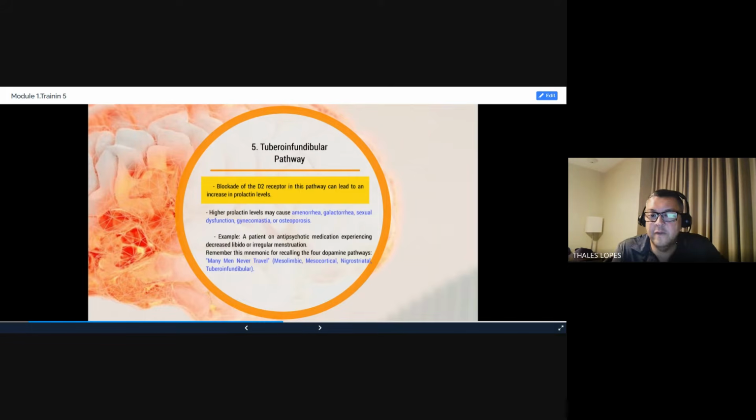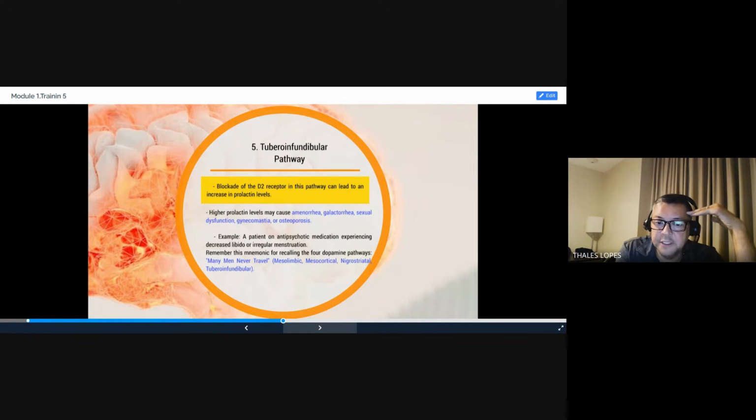So when you have high prolactin levels, it will lead to amenorrhea, galactorrhea, sexual dysfunction, gynecomastia, and osteoporosis. I would highlight osteoporosis in excruciating detail.